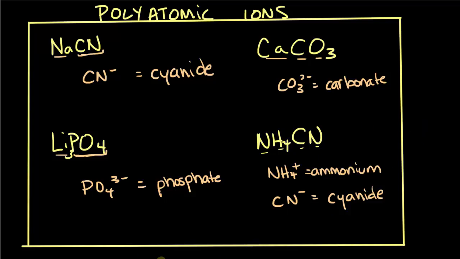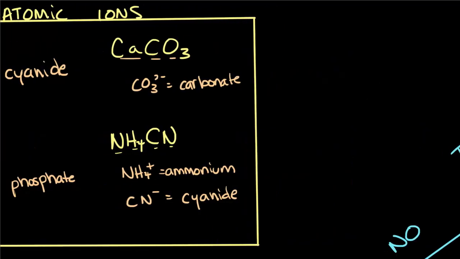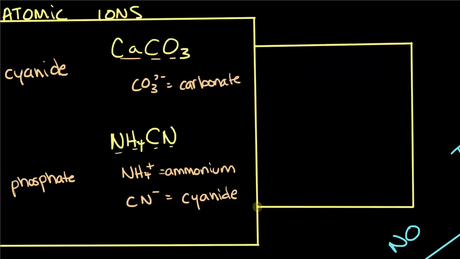One additional note, I'll make a little sidecar on the side of this box here, is a set of polyatomics called the oxyanions. And these are polyatomics that can have variable numbers of oxygens in their name. So I'll label this oxyanions. The example that I like to use is chlorate.